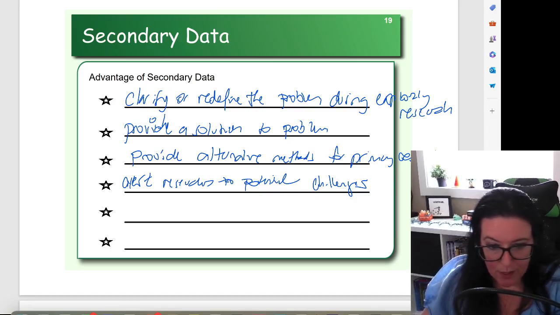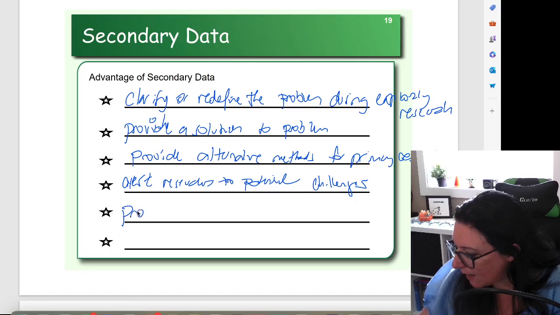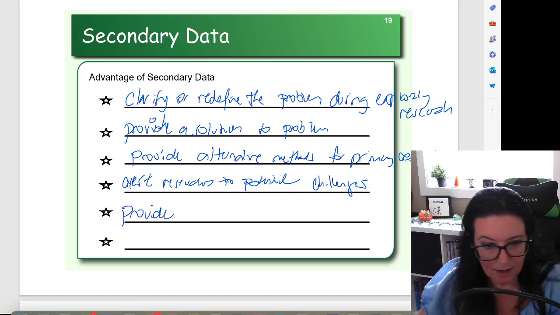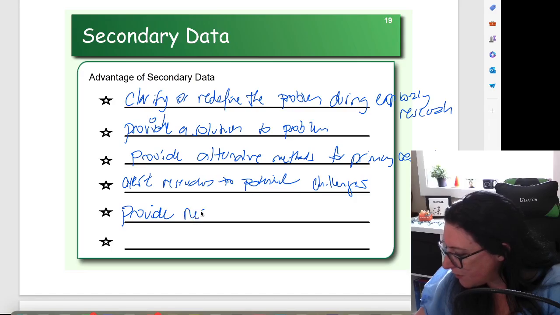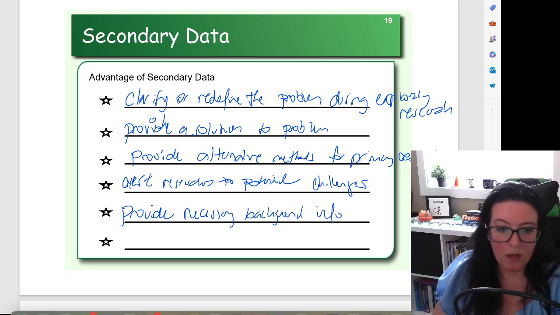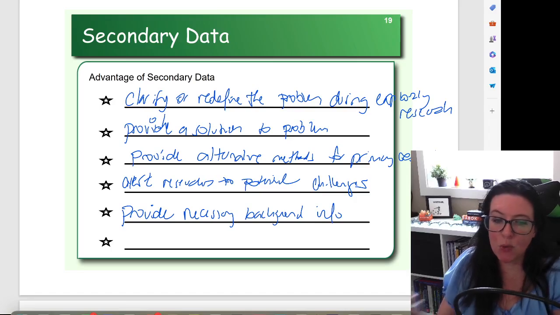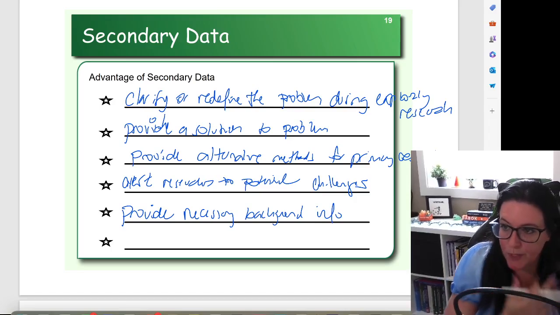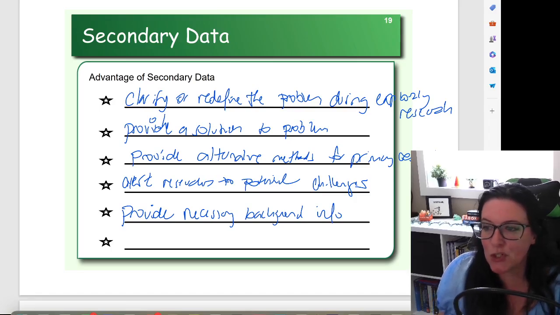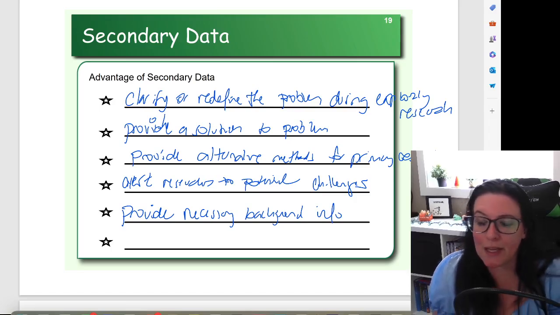Number 5, we could use our secondary data to provide necessary background information. This is going to lend credibility to our research project and give us additional information about the population of interest.